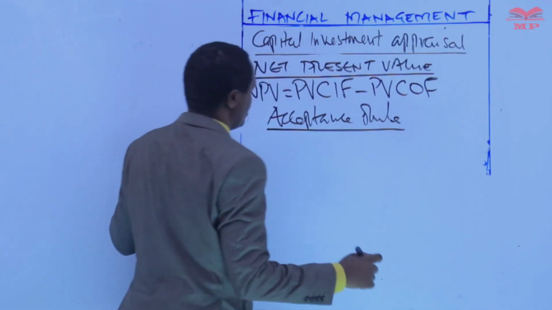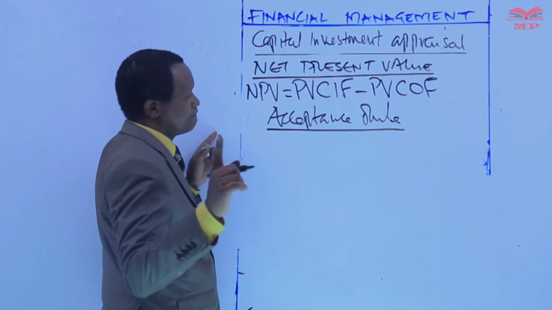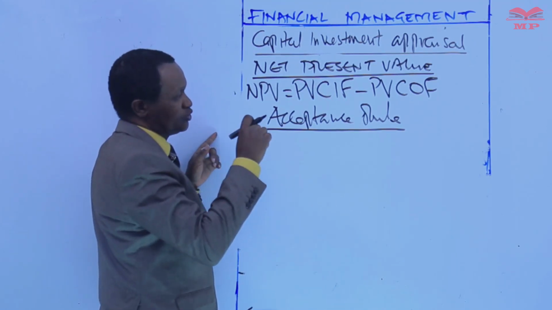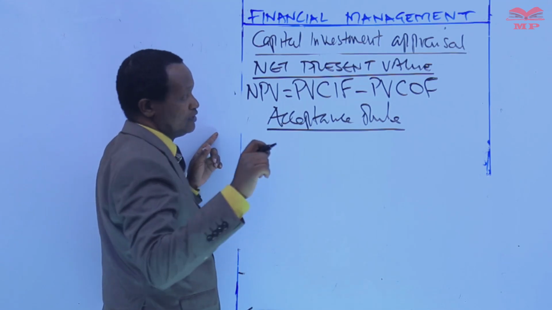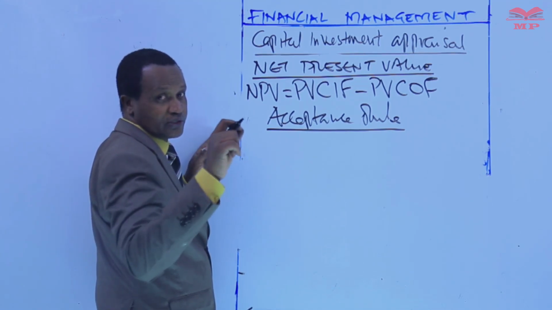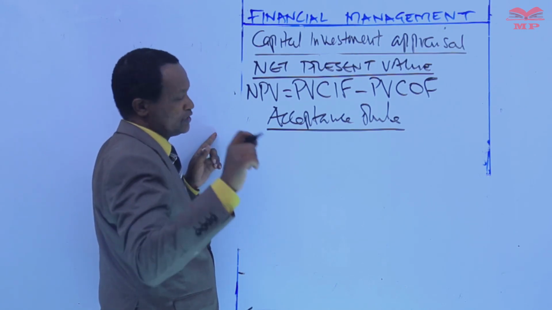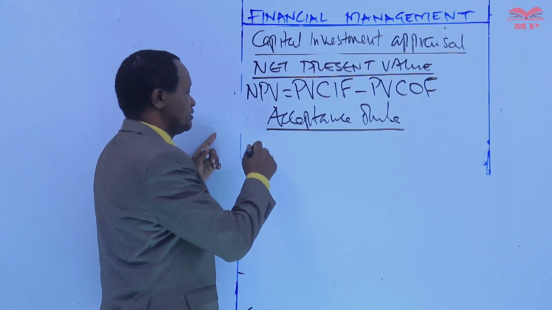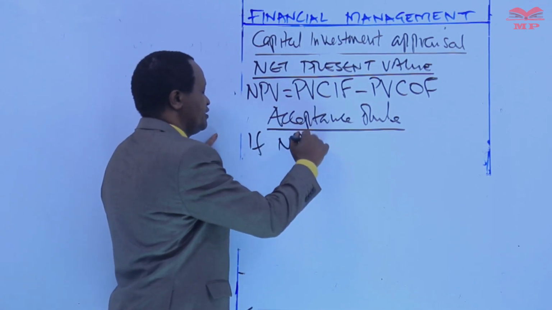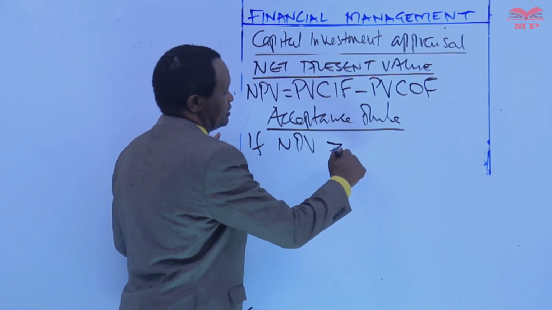If a company has only one project, then when using the NPV technique, the project with positive NPV is accepted. Accept the project if NPV is greater than 0.